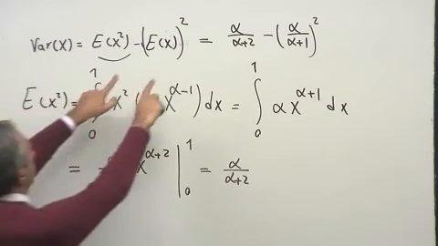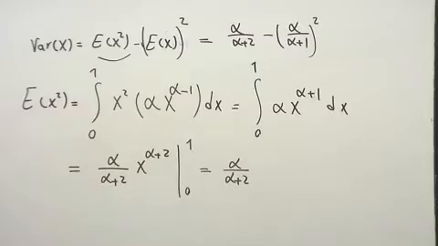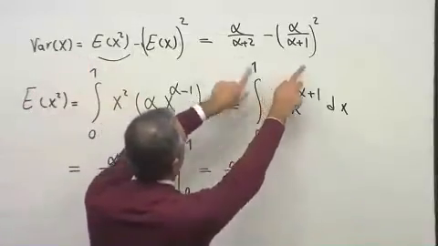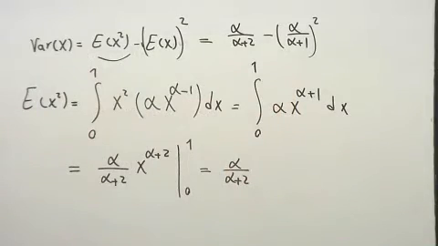This part is the expected value, I got it right here, and the first part is right here. So I just use the definition for finding variance. Any questions?